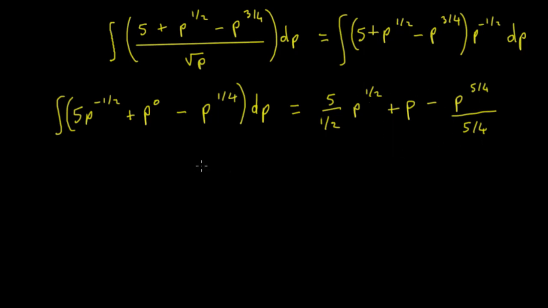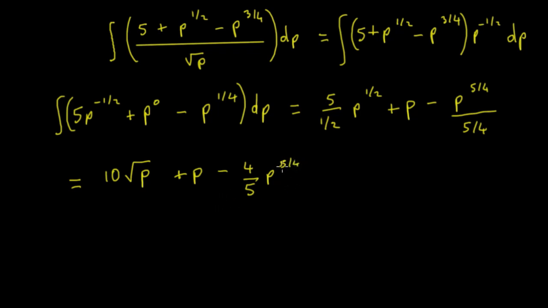So we'll rewrite this out, and it's going to equal, well, 5 divided by half, a half is the same as 5 times 2, so that's going to be 10, and p to the power of a half, we'll just write it out, as 10 root p plus p, and this one here is going to be minus 4 upon 5 p to the 5 upon 4.